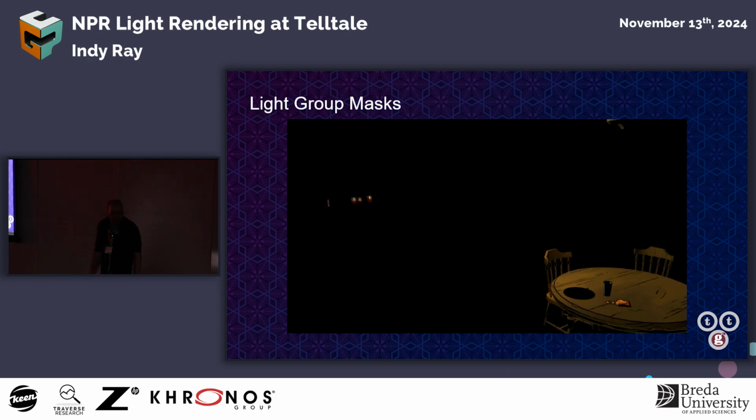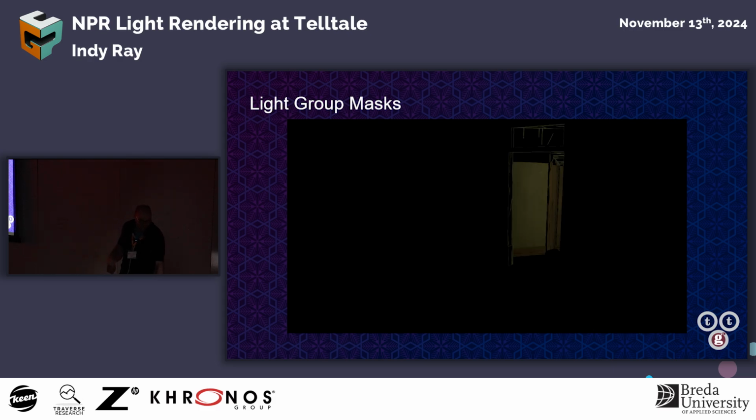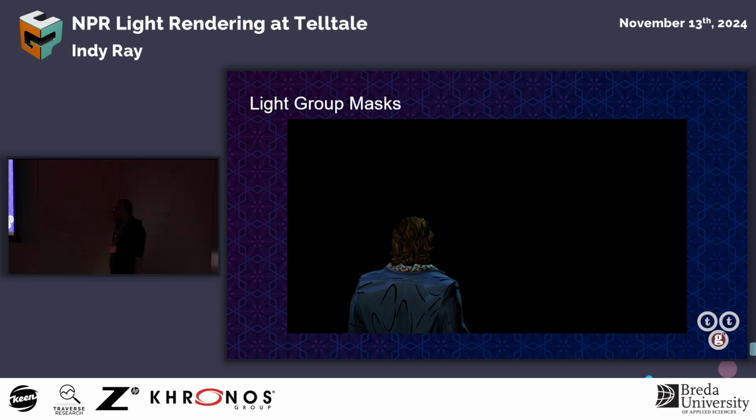Some props may be isolated. In this case, I think the candles have been pulled out just so they can be specifically affected by specular lights to get those specular hits on them. And then artists will often separate rooms, so we don't get any weird falloff between rooms. And then the characters are almost all isolated.